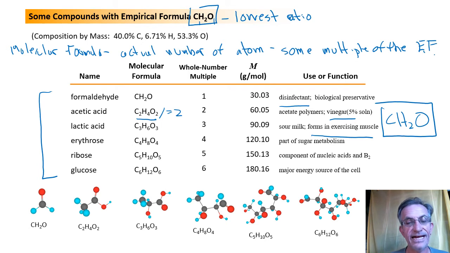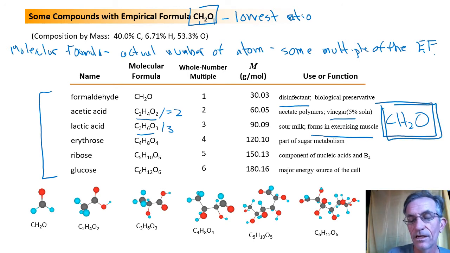Same thing for lactic acid. You notice how all those subscripts are divisible by 3. If you divide them all by 3, you come up with the same answer. So the actual molecule is going to be some multiple of this empirical formula. There are lots of different multiples, and all those are different substances, actually.